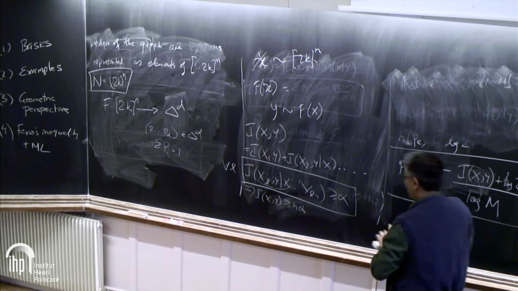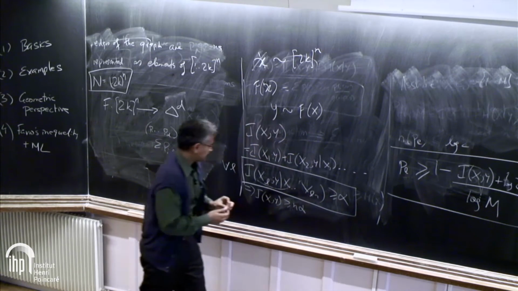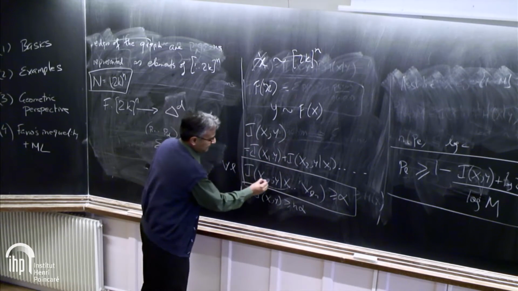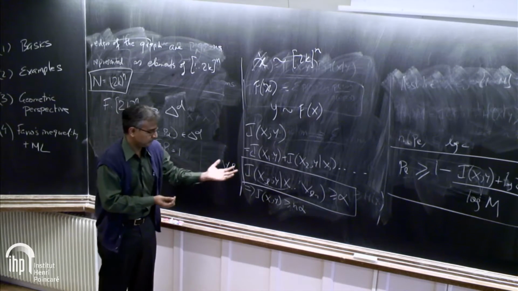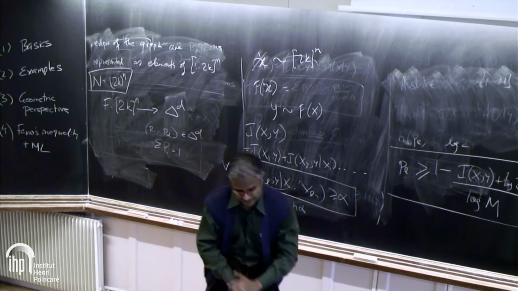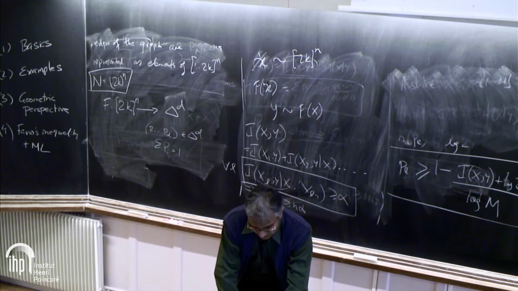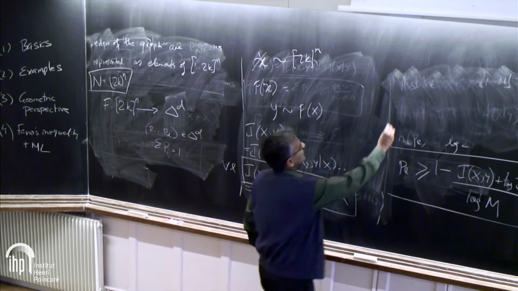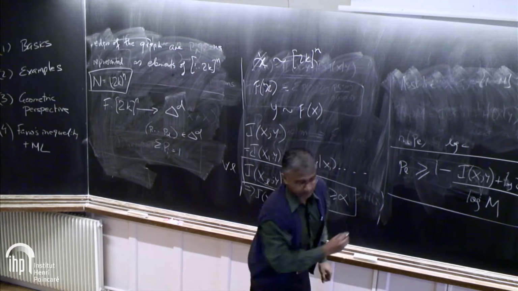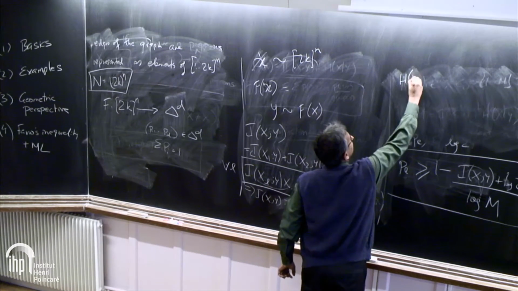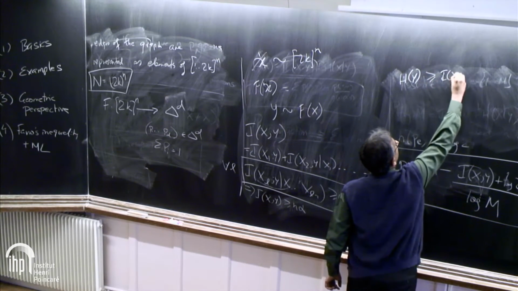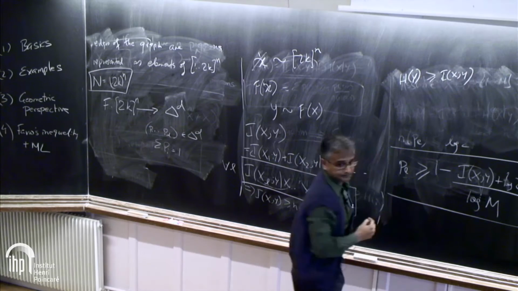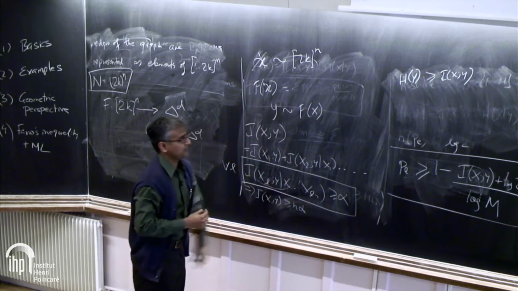Okay. So our goal now is to show that this mutual information is reasonably large, whatever that means. Note also that H(Y) is more than I(X;Y), because H(Y) is I(X;Y) plus H(Y given X).